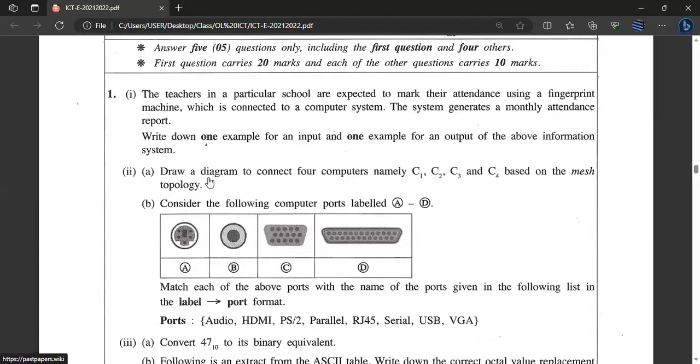Next question, draw a diagram to connect four computers, namely C1, C2, C3, and C4 based on the mesh topology. So in mesh topology, we know each and every computer is connected to each other.